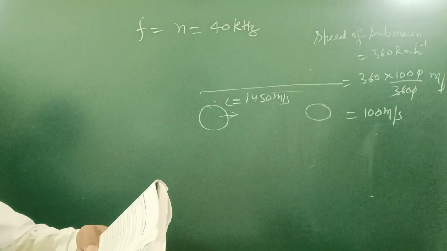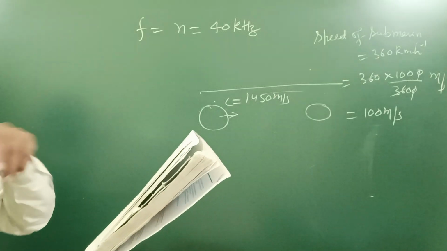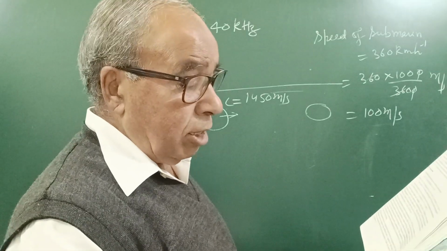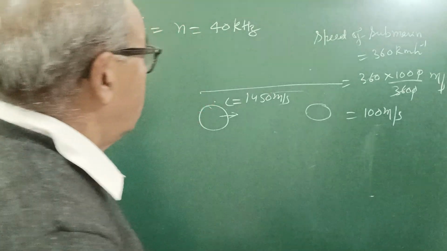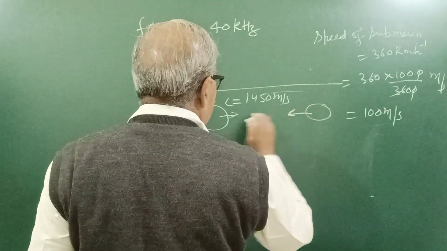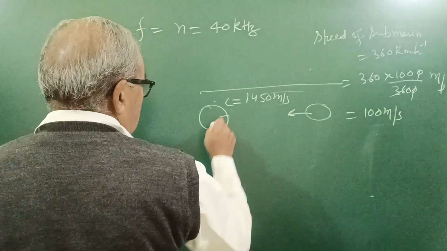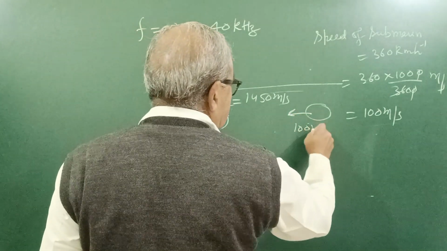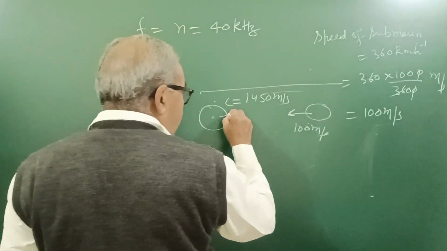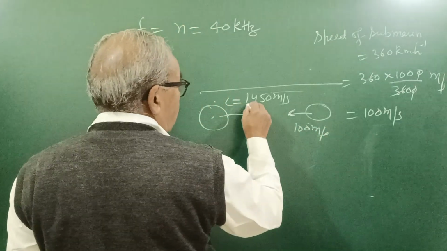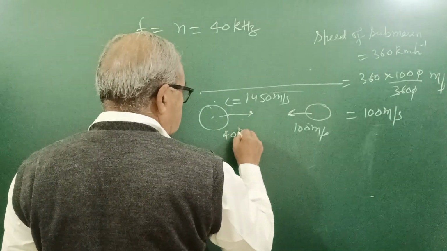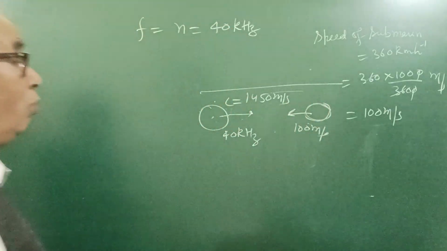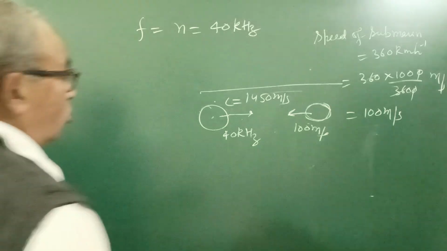So what is the frequency of sound reflected by the submarine? Take speed of sound in water 1450. So this is coming towards this. This submarine is at rest, and the enemy is moving with 100 meter per second. It will produce sound of frequency 40 kilohertz. Now the enemy submarine will be a moving observer in the opposite direction of sound.